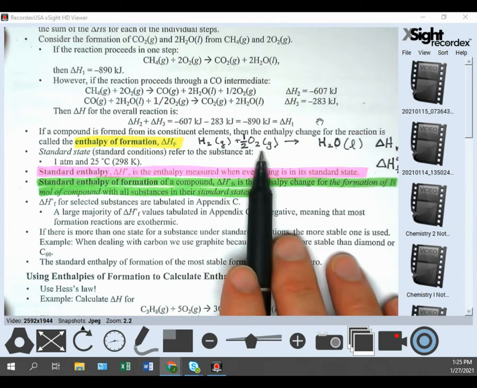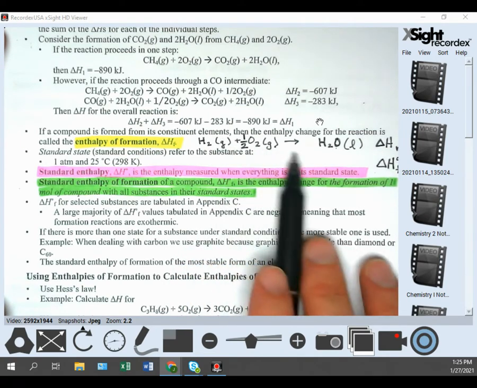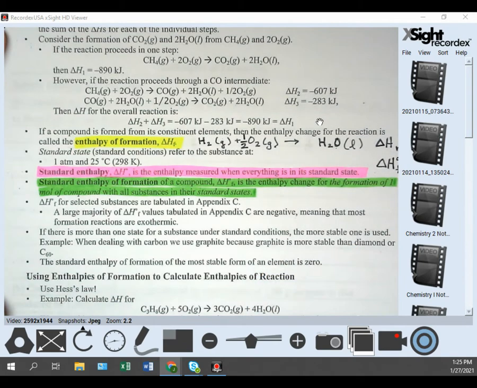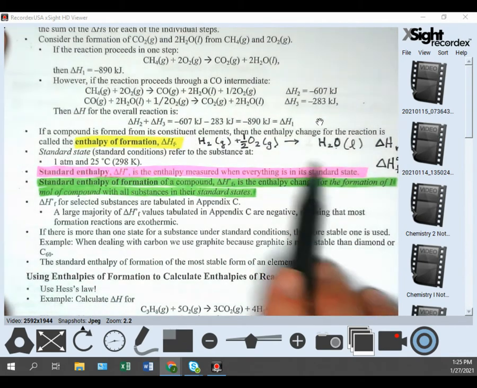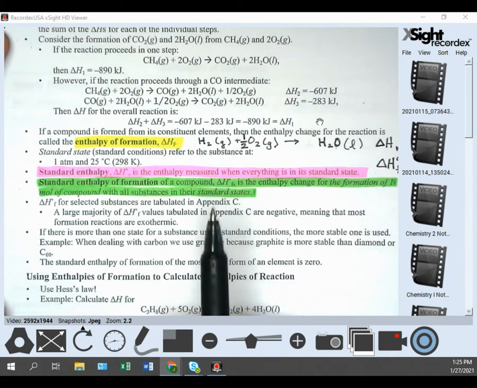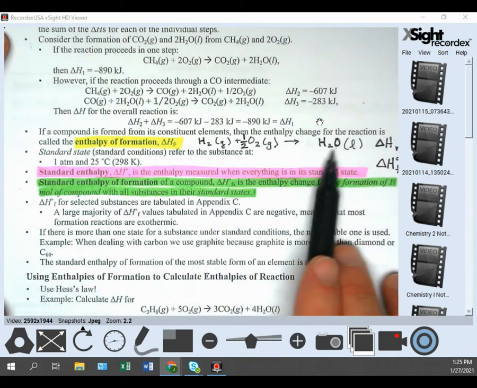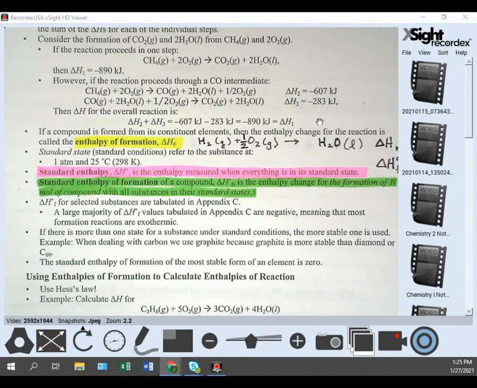We know that oxygen oxidizes many different things. So when they come together and form water, yes, water is still reactive, but it's not as reactive as these two separately. So it actually gives off energy because it needs less energy. It's more stable. It doesn't need as much energy to exist as a water molecule versus the individual element molecules. Okay, good.